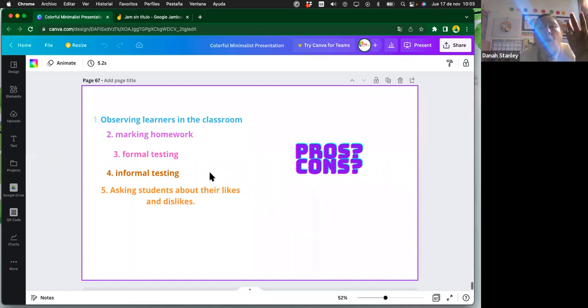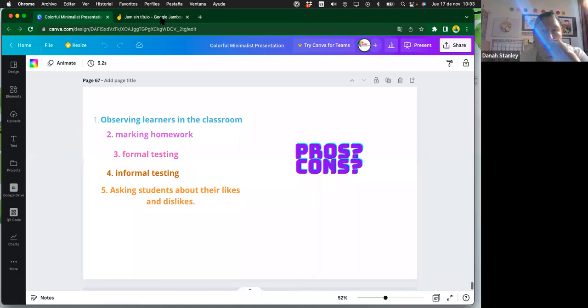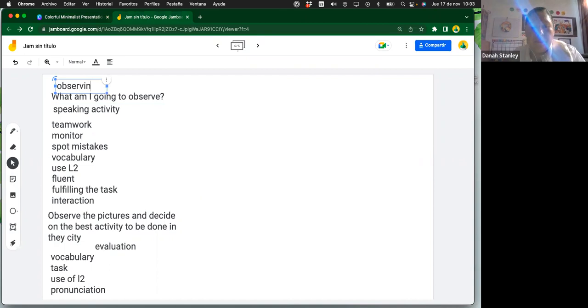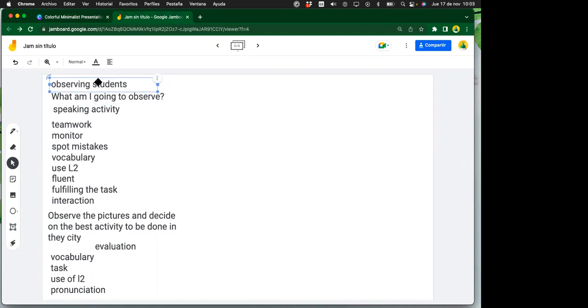What is the aim of homework? For the students to be able to answer or do the activity by themselves.